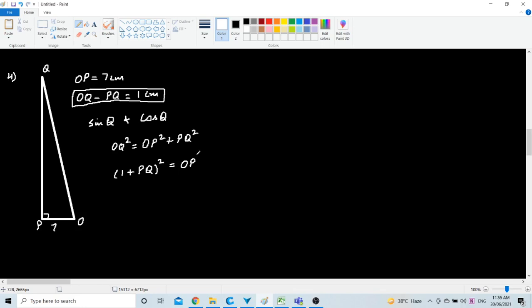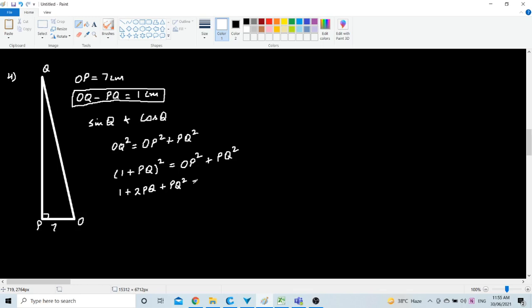Now 1 plus 2PQ plus PQ square, it can be written like this.